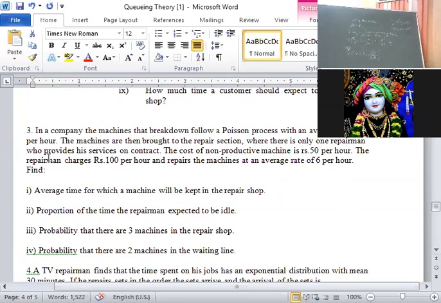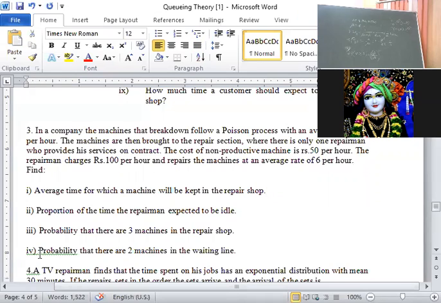How to differentiate whether it is in the queue or in the server, and when to apply the formula probability of n greater than or equal to k. You are asking that only, right? Yes, ma'am. Here they directly asked the probability. They have not asked for the length of the queue or the length of the system. Ashish, clear?